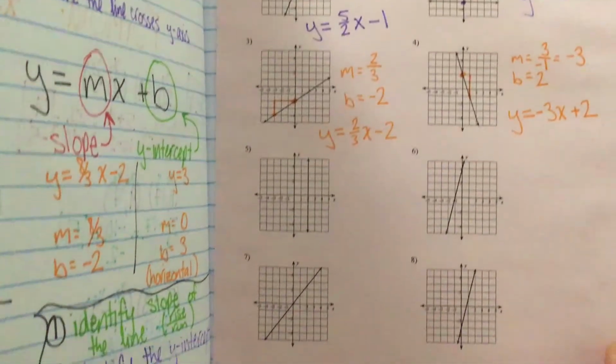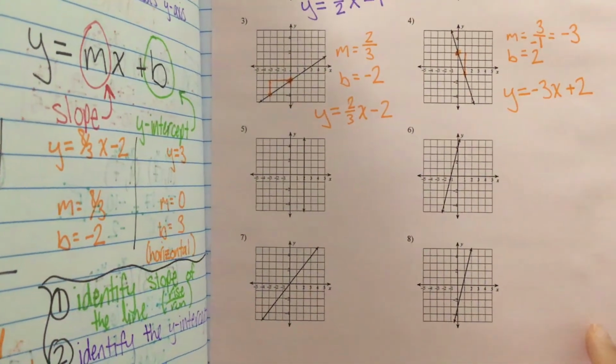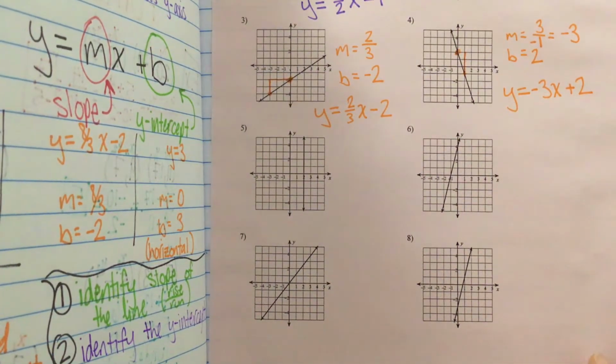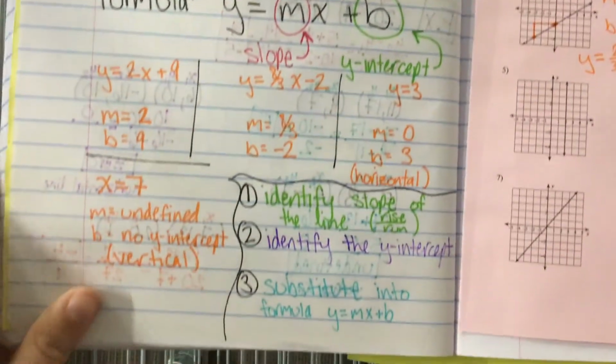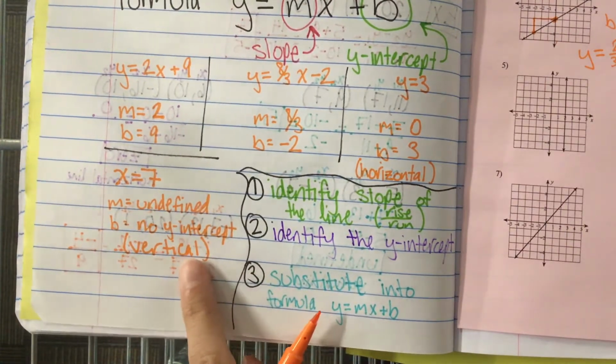Oh, we have a vertical line. What do our notes say about vertical lines? What does our equation look like for a vertical line?